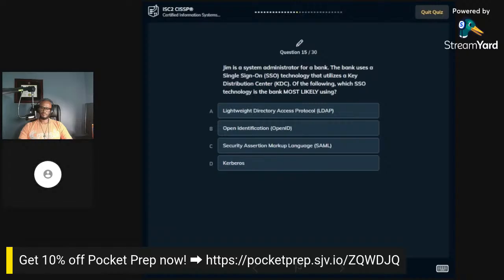SAML and Kerberos, because KDC is throwing me a loop. The only one that's without single sign-on is pretty much Kerberos.